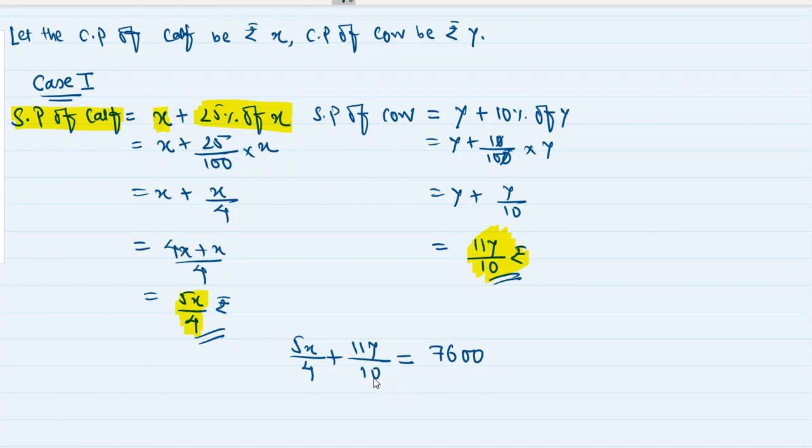Correct? Now what you are going to do? You are going to take LCM over here. What is the LCM of 4 and 10? It's 40. Let's take the LCM and simplify this further.